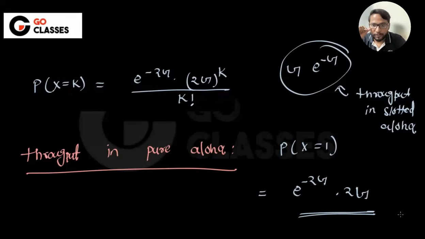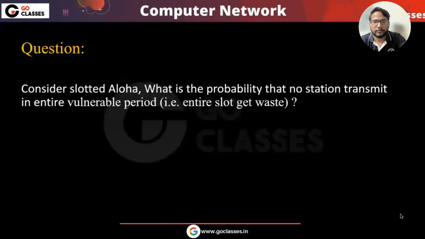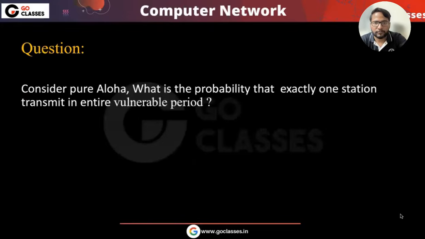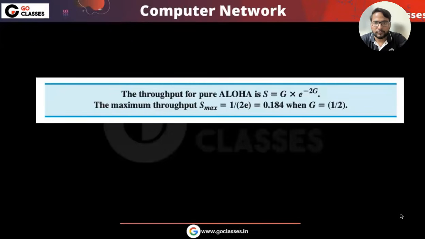Is this fine to everyone? It is G into e power minus 2G.